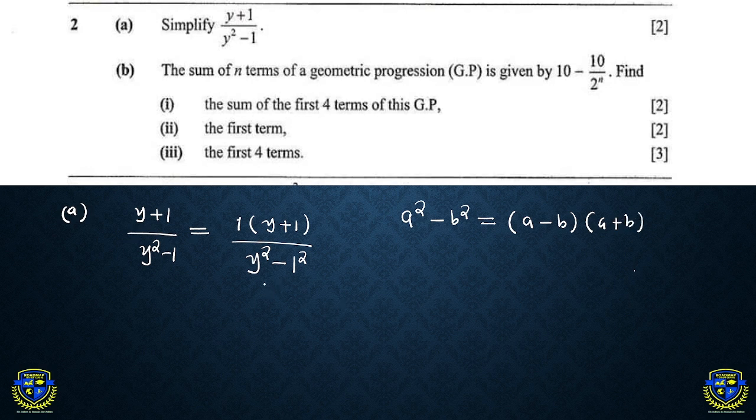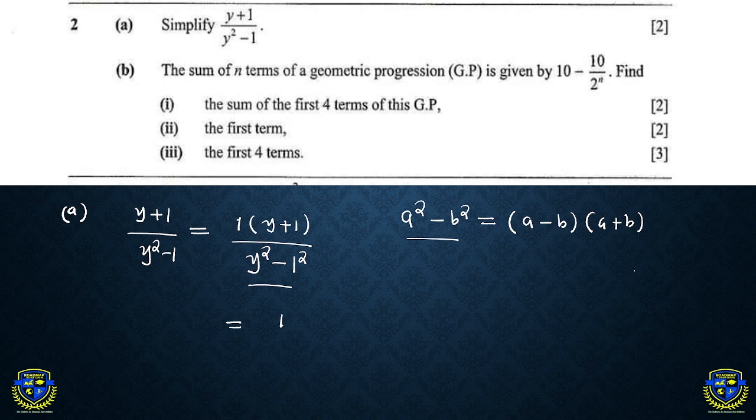So this y squared minus 1 squared is going to be expressed as open bracket y minus 1, close the bracket, then open the bracket, y plus 1, close the bracket.